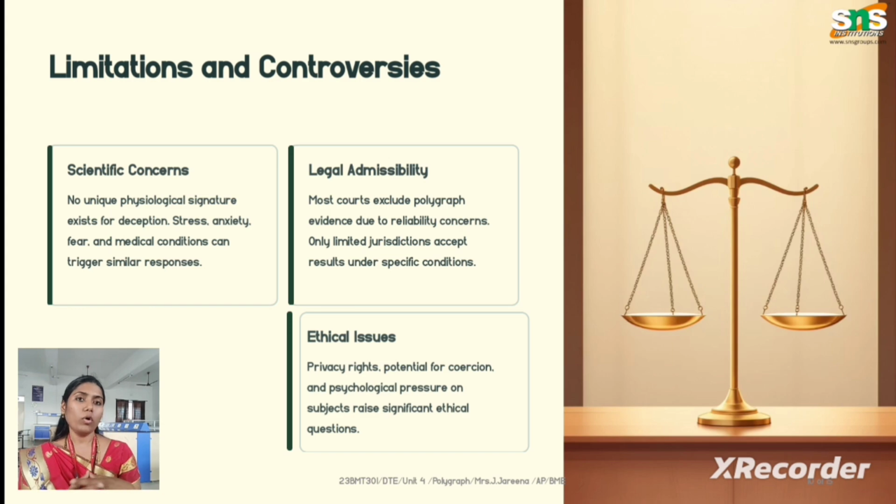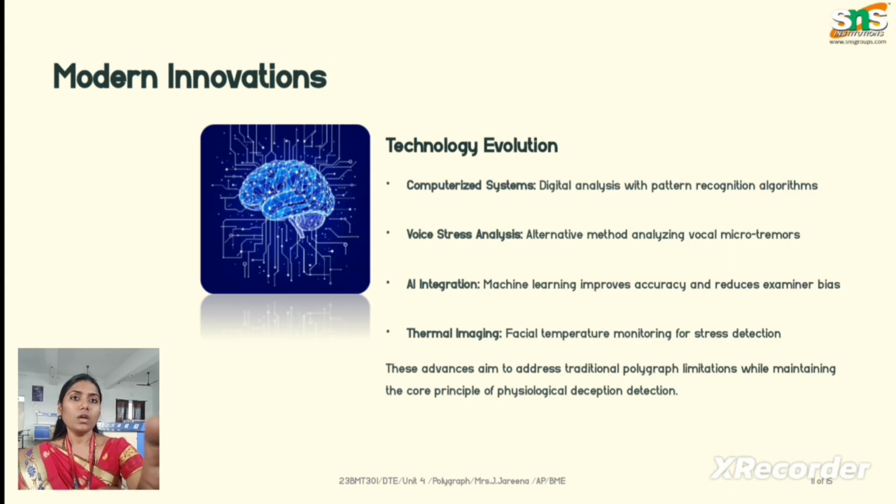So the modern innovation is that as technology evolves, this traditional polygraph device can be improved to some extent in terms of accuracy by integrating AI, or we can use voice stress analysis, or a computerized system where digital analysis can be carried out with the help of pattern recognition algorithms.